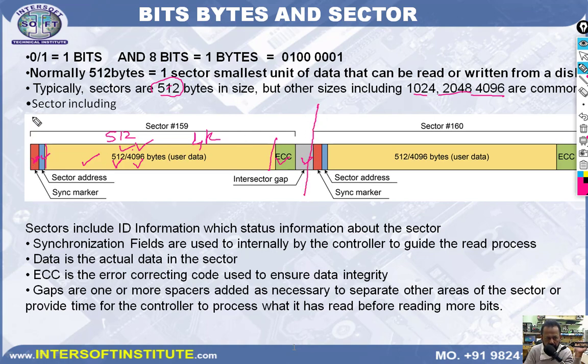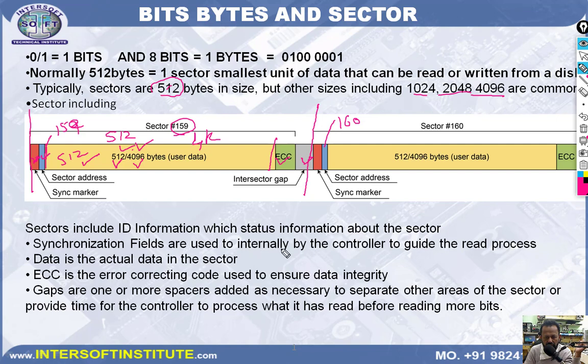Mainly the data is 512 bytes, but additional gaps are there for each sector for addressing. Suppose it is sector number 159, so here is the sector address, it will be 159 like that. Then only will it understand that this is 159 and this is 160. So all the sectors will be like this. The sector includes ID information, which is status information about the sector.